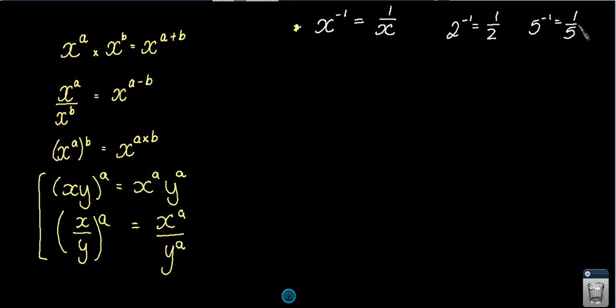So let's have a look at a fraction. If I have 3/5 to the minus 1, we actually use this rule here that says when you've got a fraction, everything in the fraction gets the minus 1, gets the power. So would you agree, using that rule, we get 3 to the minus 1 over 5 to the minus 1. But in maths, it's not polite to actually have negative powers.